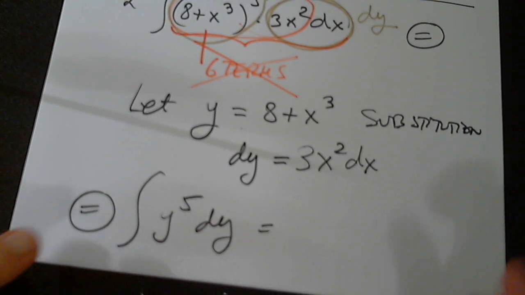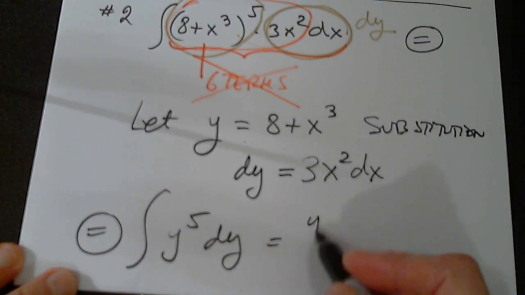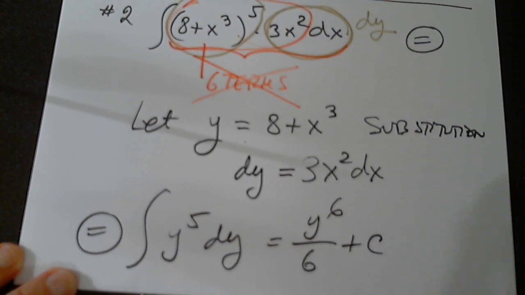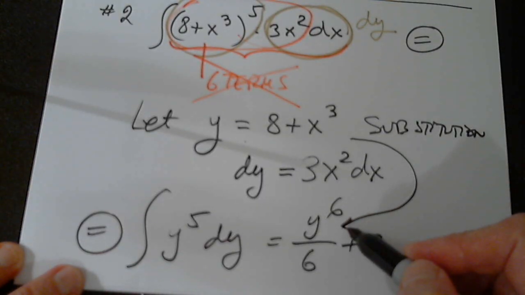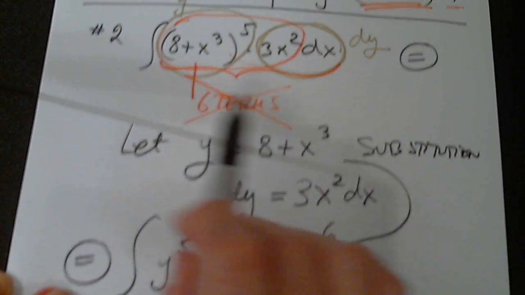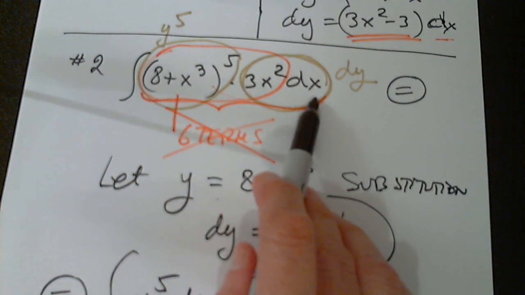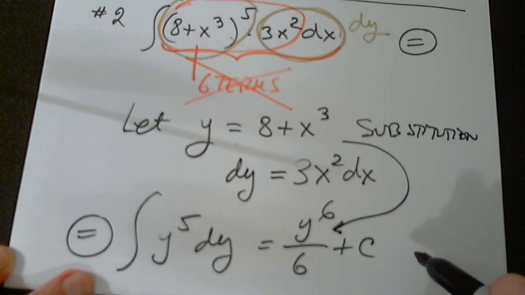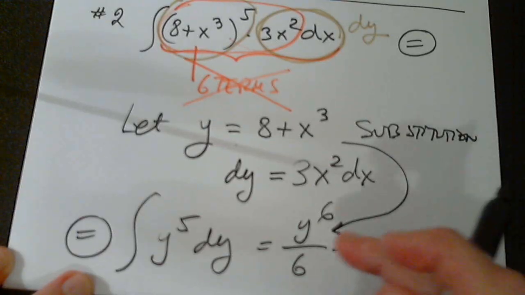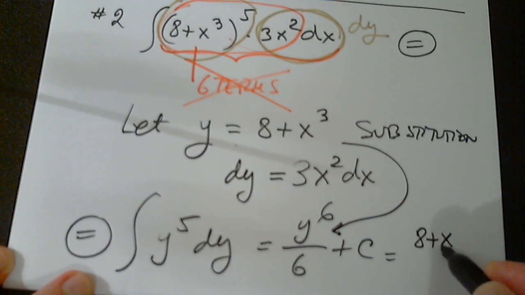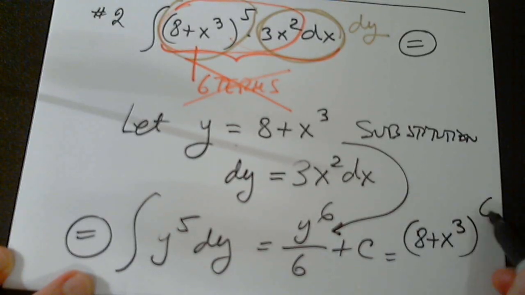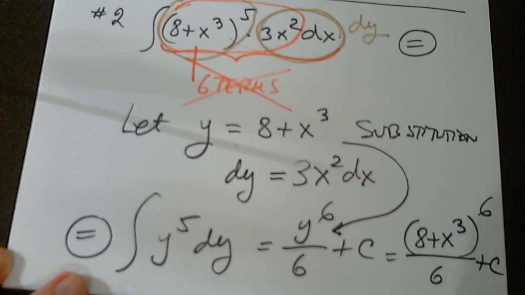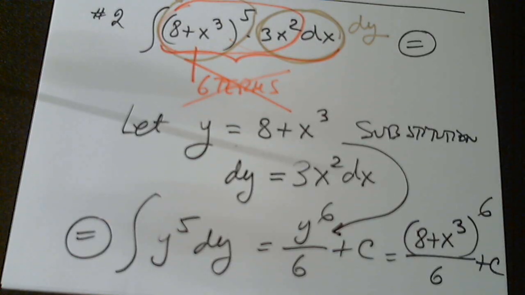So when I find the indefinite integral of this, I get y to the 6 over 6 plus a constant c. I must go back to the substitution. Why? Because the integral is given in x, the answer has to be given in x variable. So what I have to do is just replace y by 8 plus x to the 3rd, put the power 6 over 6 plus a constant c, and it's done.